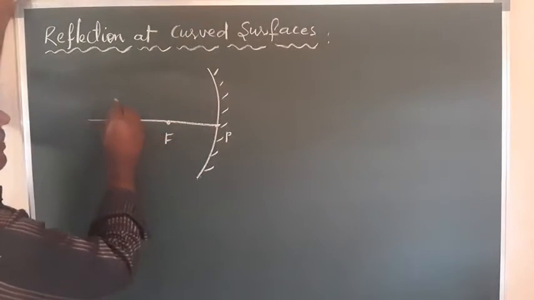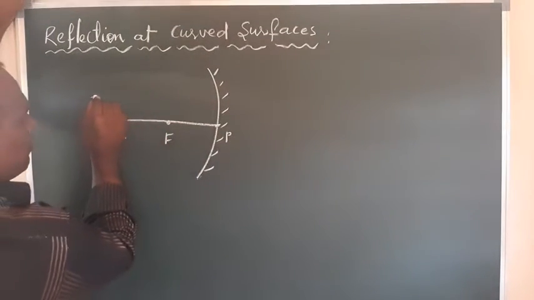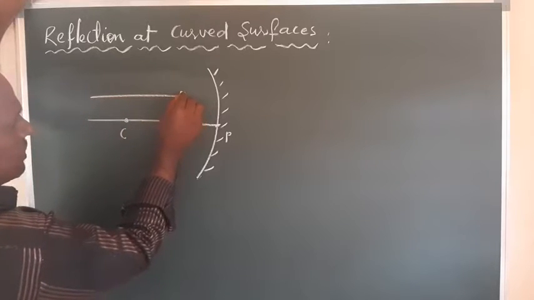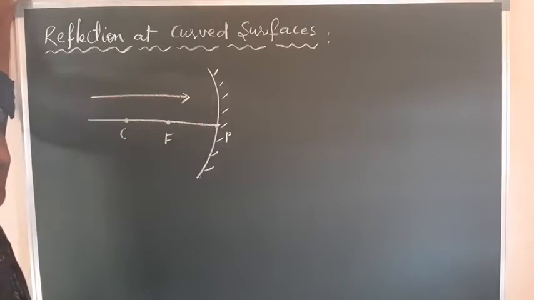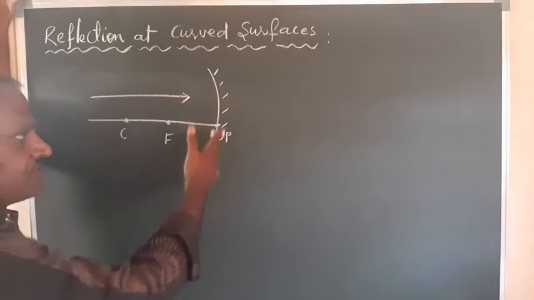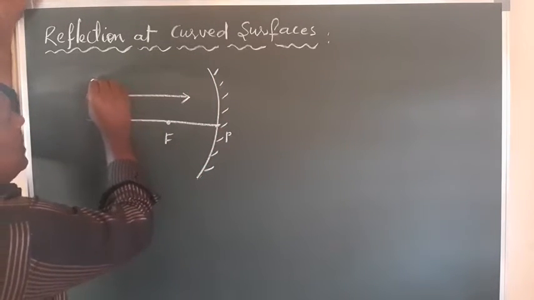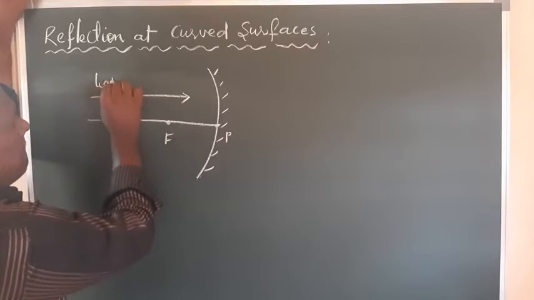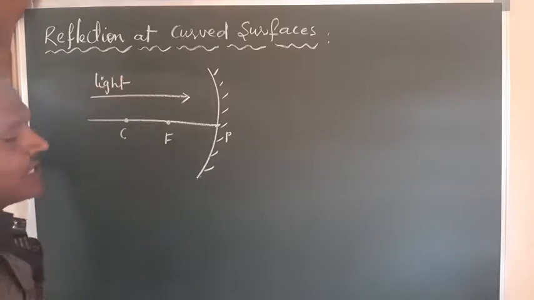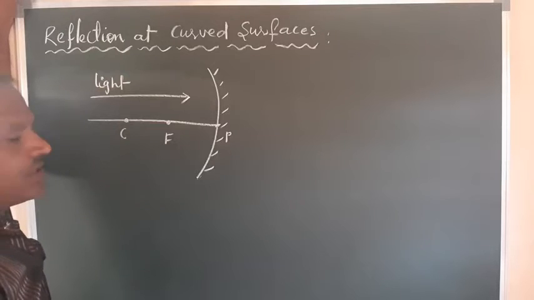Now a ray of light is propagating towards the optical instrument, that is this concave mirror. So this is the direction of light, right?